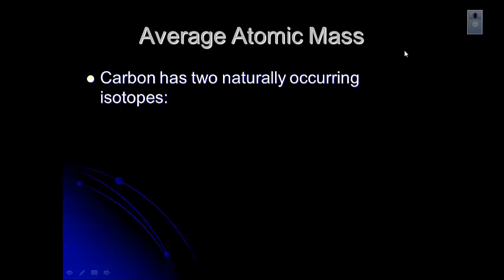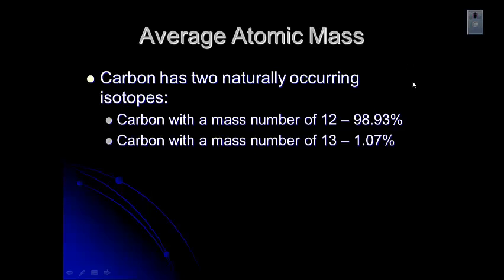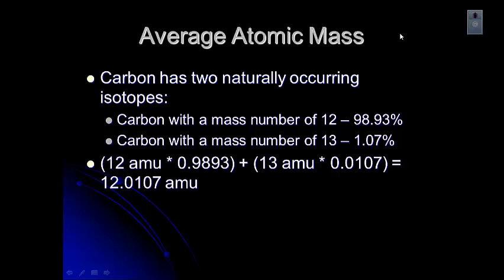So let's look at how to calculate the average atomic mass. Just a quick example. Carbon has two naturally occurring isotopes. Carbon with a mass number of 12 is 98.93% of the carbon, and carbon with a mass number of 13 is 1.07%. This is the carbon in the atmosphere. We're taking 12 AMU, which is the mass number, times 98.93 percent as a decimal, and then 13 AMU times 0.0107, so this percent as a decimal.